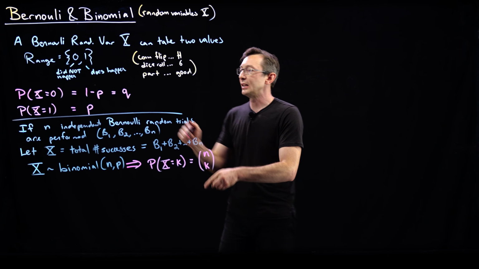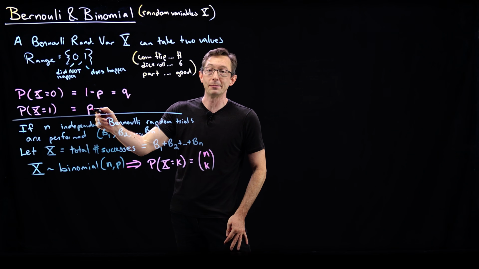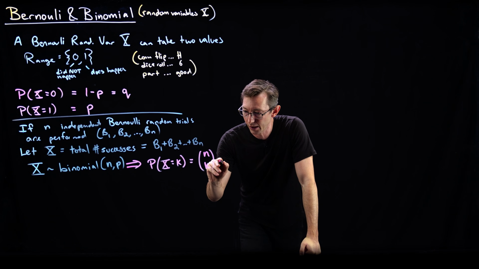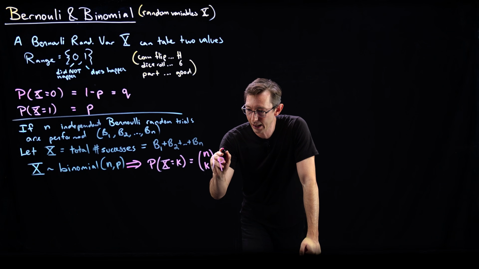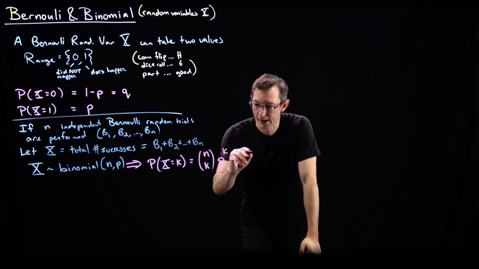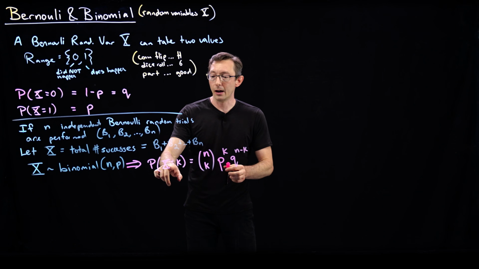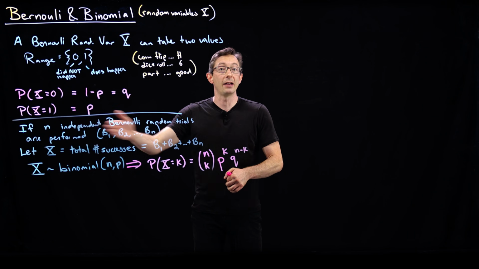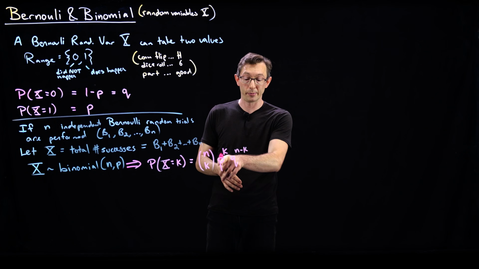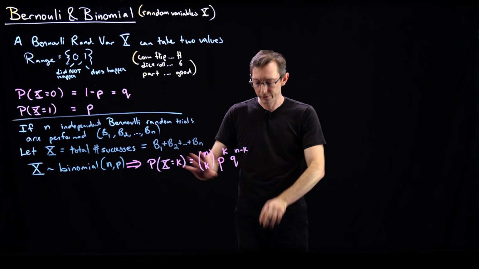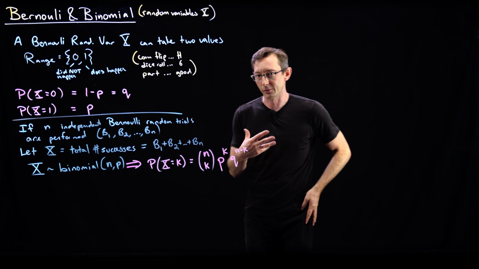Now, because the probability of a success is p and not 1/2, I have to multiply this by the probabilities here of p to the k times q to the n minus k. And this is it. This is the probability of getting k successes out of n independent Bernoulli trials with probability of success p.